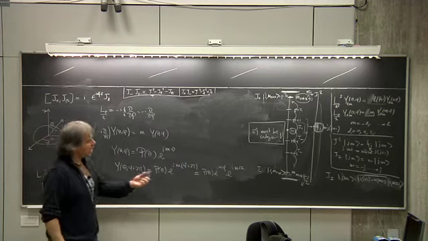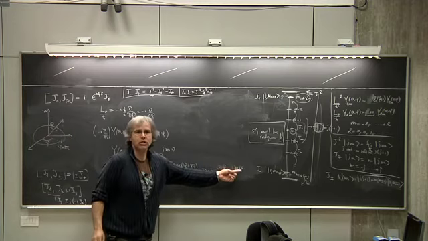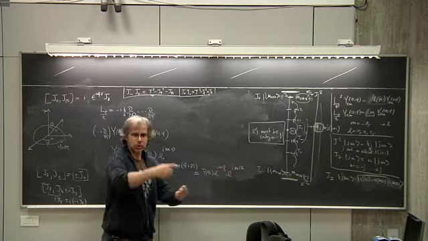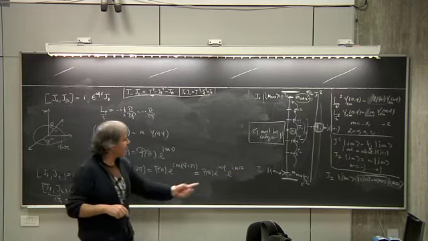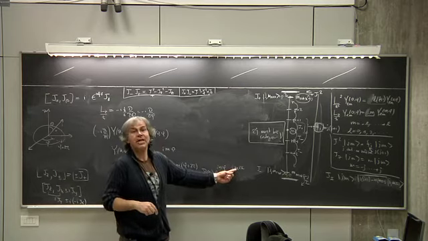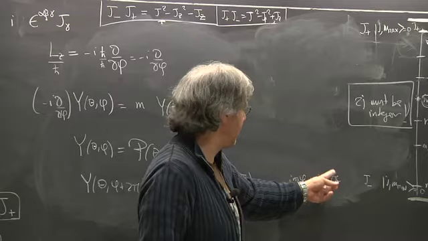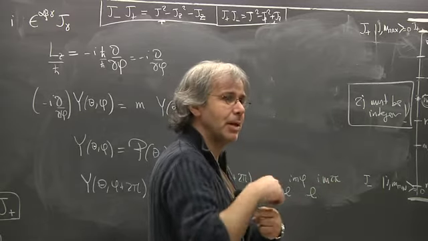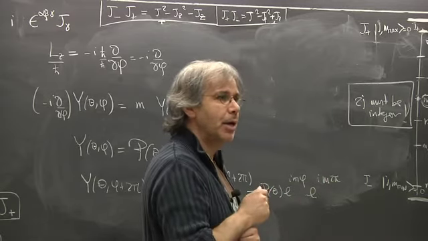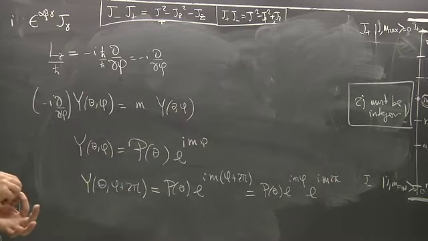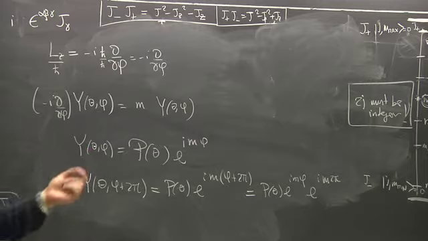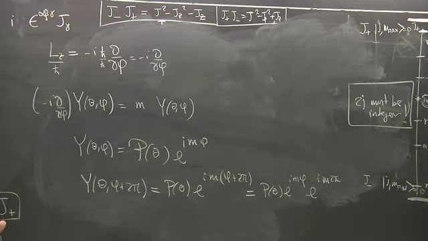Now, if m is an integer, this is just 1, because it's an integer number of 2 pi's, which is always 1. But if m was, for instance, 1/2 or 3/2, this would be a pi, or 3 pi, and so on. And this is very bad, because it means a change of sign. It means the wave function, if you consider it at phi or at phi plus 2 pi, which is physically the same point, has a different sign. This is not possible, obviously, okay?